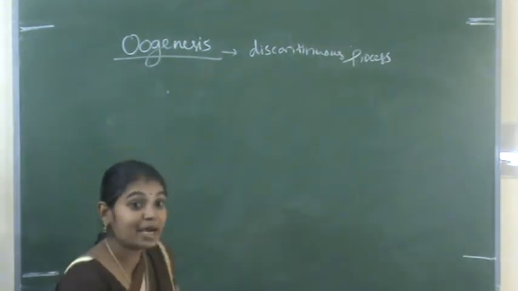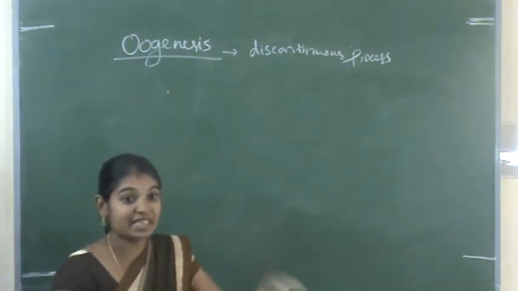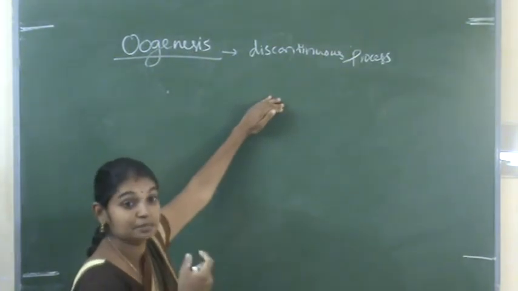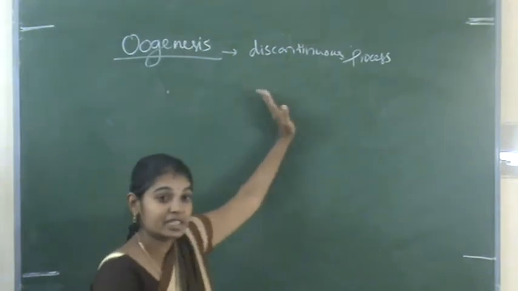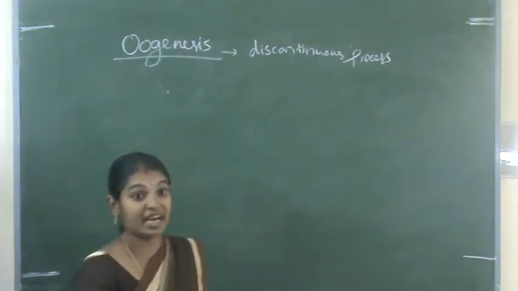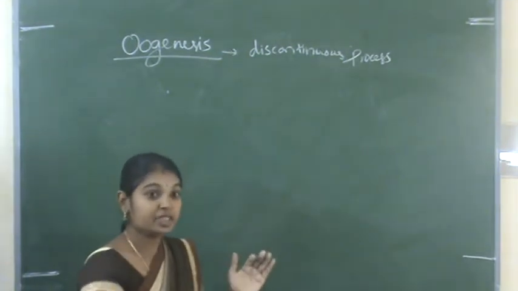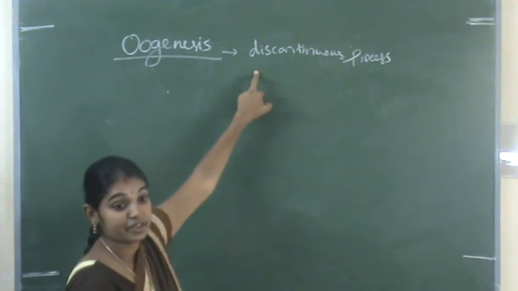Then after birth, the process of oogenesis stops temporarily. After that, when the female attains the puberty stage, once again the oogenesis process continues. So it just resumes after puberty. That's why this is called a discontinuous process.